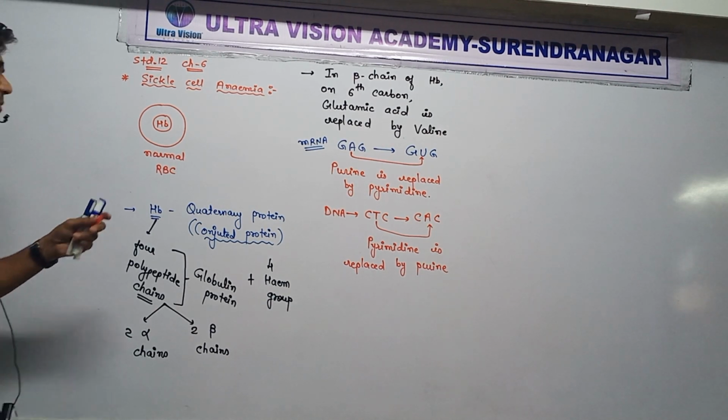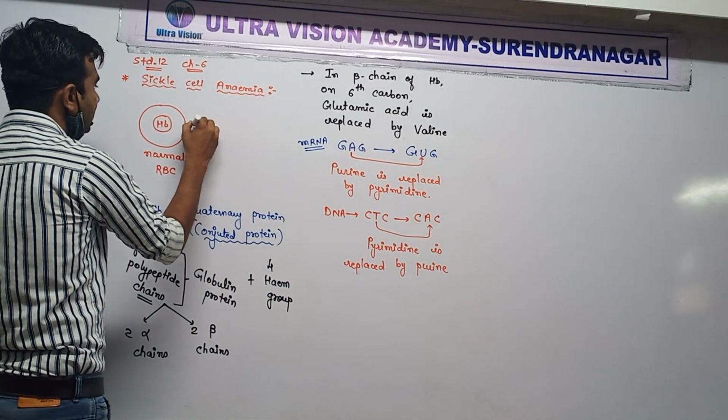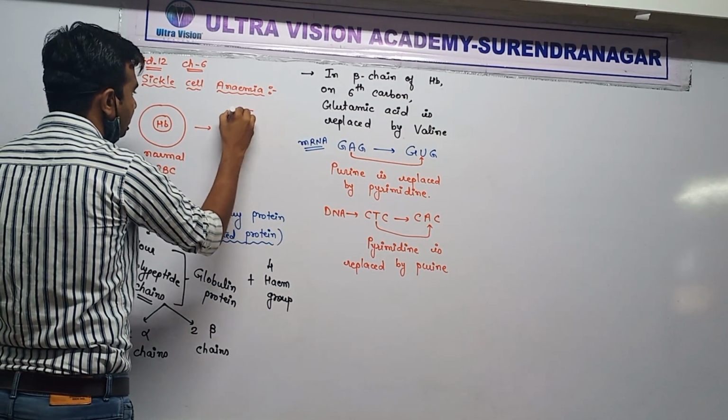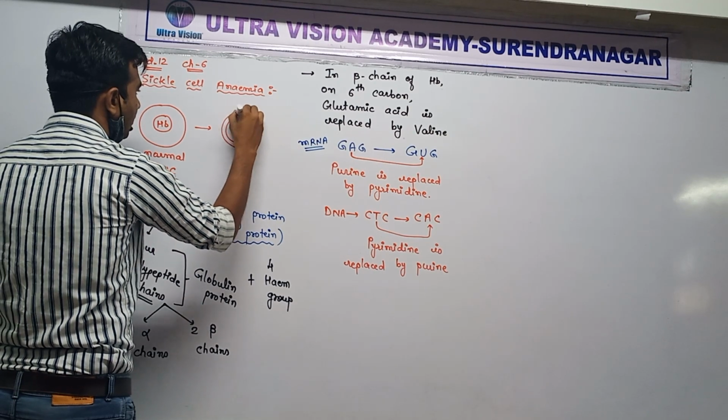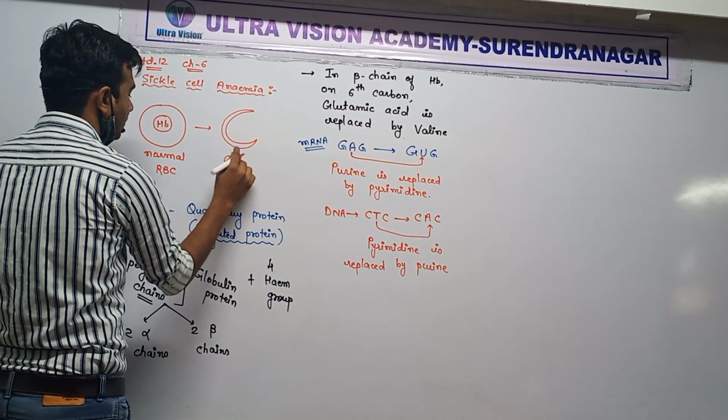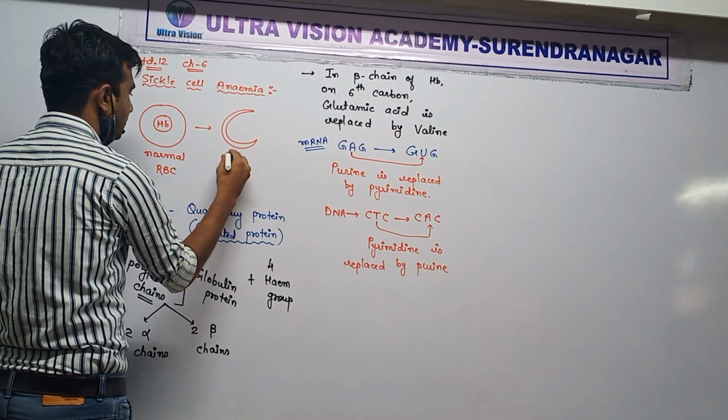So due to the replacement of this codon, the normal RBC becomes sickle shape.